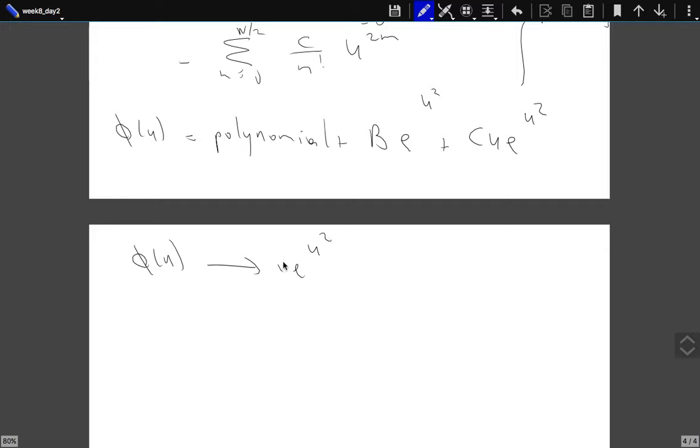As u goes to infinity, my phi goes as e to the power u squared unless b and c are equal to 0.